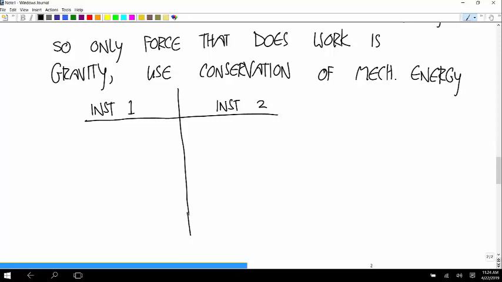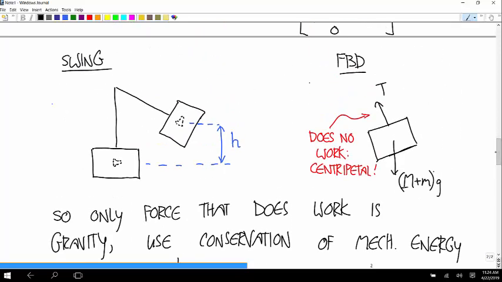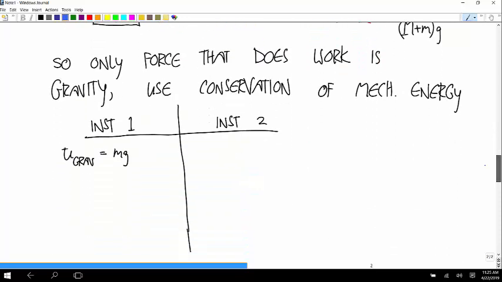Okay, so at instant 1, we have to figure out the potential energy due to gravitation. That's mgh. And remember, we get to choose the point that we call 0 height. So let's call this one h equals 0. And so at instant 1, there's no gravitational potential energy.